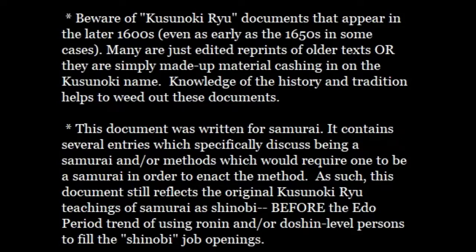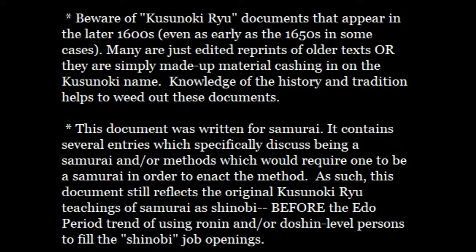But some of them are made up material that's just made up by somebody and they slap Kusunoki on the title. It has no connection to the teaching, no connection to any of the schools. So you've got to be careful of those. That's where a knowledge of the history and a knowledge of the tradition helps to weed out the real material from these fake documents.